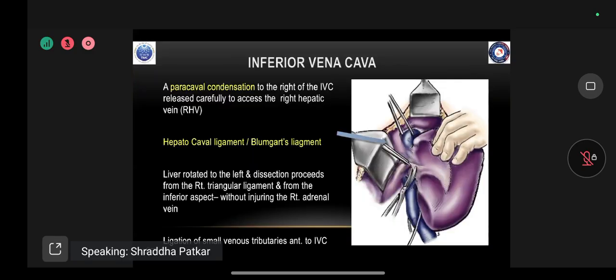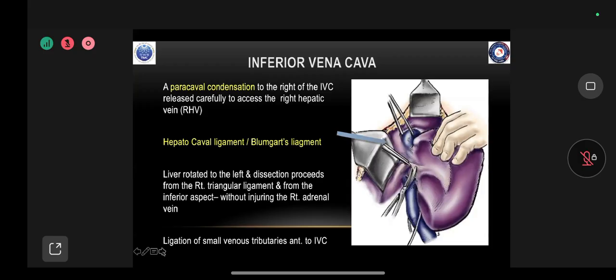IVC is something which is, we can say, the Achilles heel of all liver resection. What troubles most during a transection is notorious bleeding from the cava. And there are certain areas which are infamous for troubling the surgeon. There is this paracaval condensation just to the right of IVC before the right hepatic vein inserts.